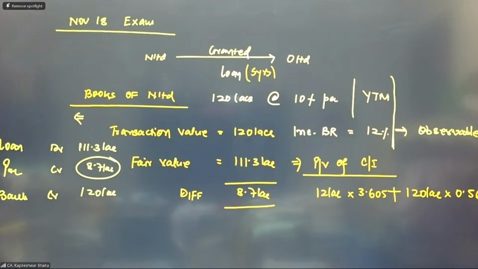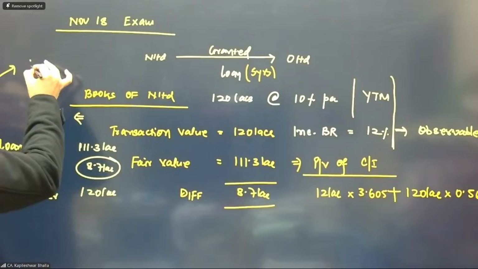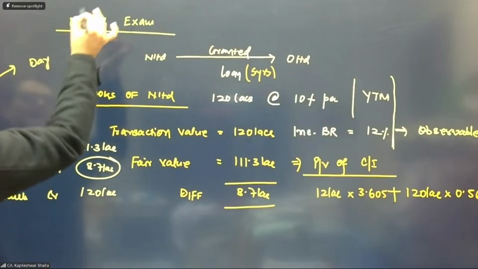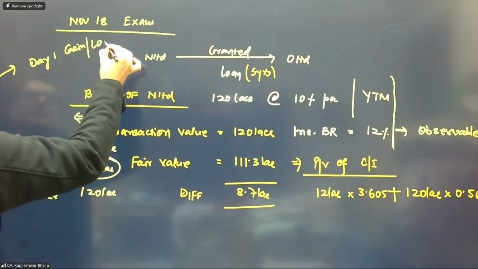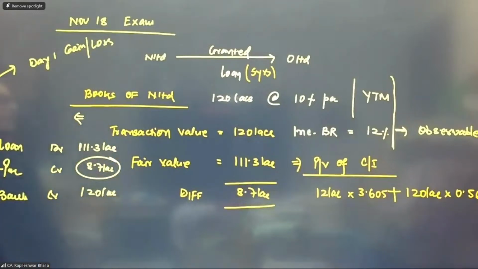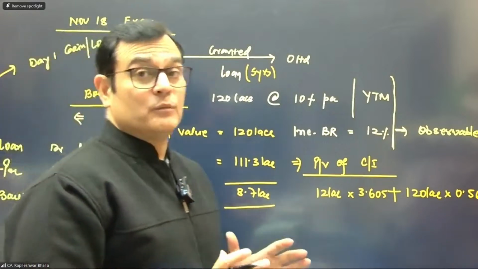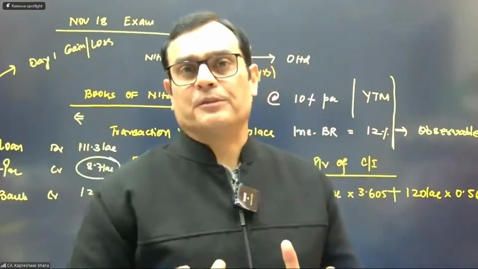profit and loss account, which I said earlier is called a day one gain or loss. In terms of Ind AS 113, this is called a day one gain or loss, which is arising on account of fair value and a transaction value difference. So now if you see, we've covered all the 4 cases with you.